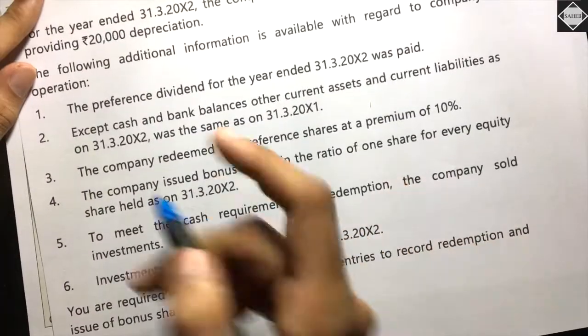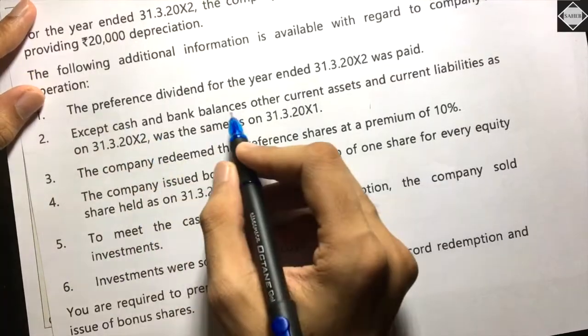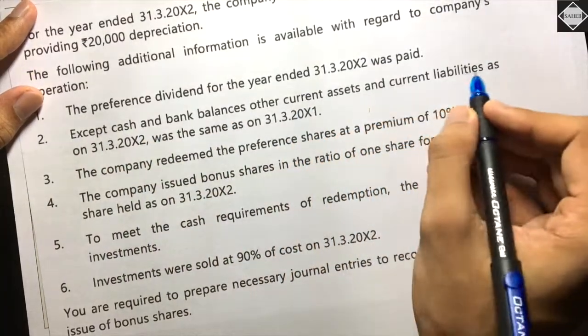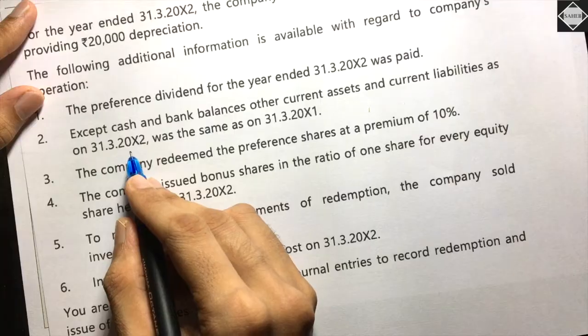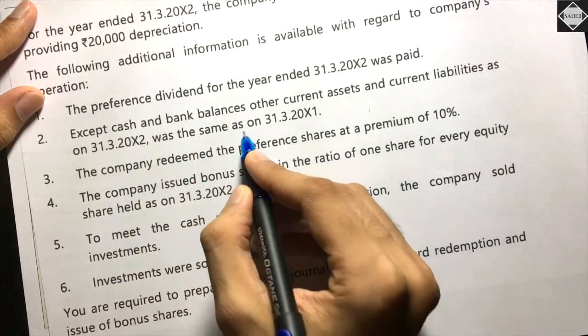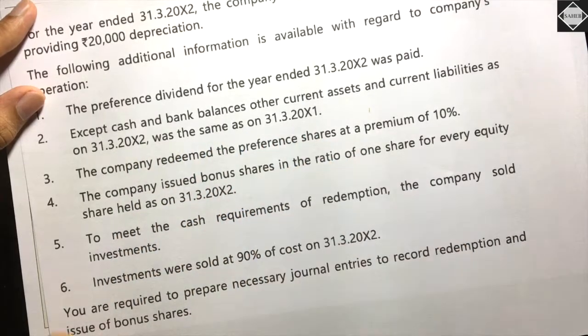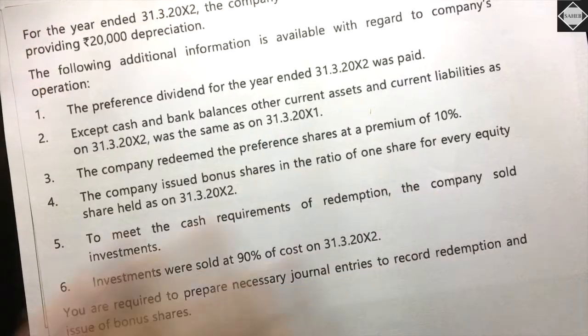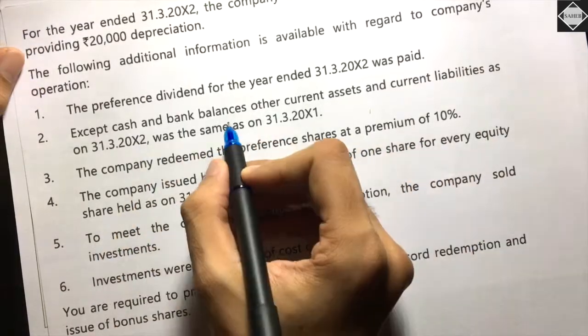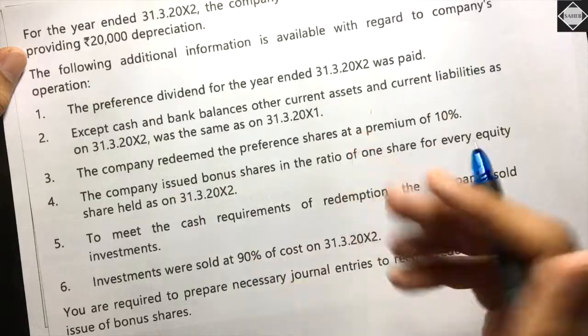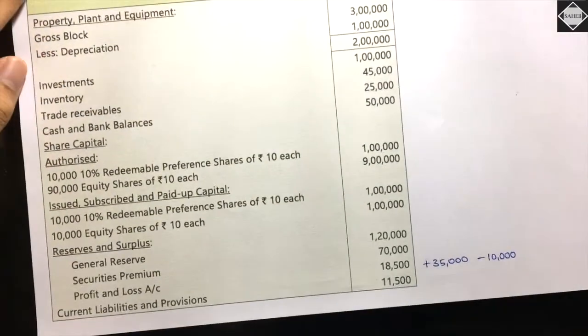They are saying, second point, except cash and bank balances, other current assets and current liabilities as on 31st March 2022 were the same as on 31st March 2021. They are saying nothing has been changed except cash and bank balance. Nothing means current assets and current liabilities have not changed. What are the current assets?